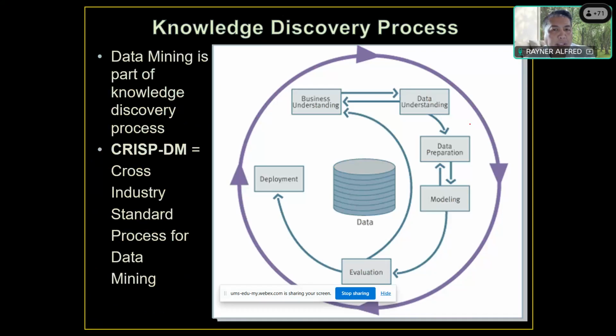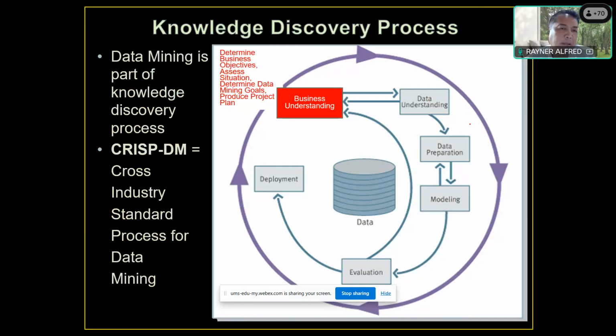You all are doing FYP1 this semester, right? So these are some of the processes that you need to go over. In the first part, you need to know what the objective is, what you want to do. You determine your project objective, how to assess the product that you are developing, and what the main goal is, what you want to solve.